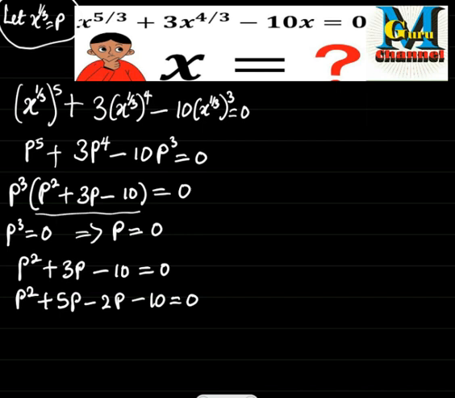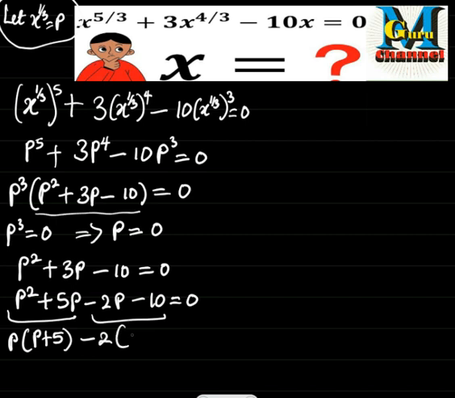If you do not understand this method, please, we have a video on this as well: the factorization method of resolving quadratic equations. You can find that on our page here as well. So let's group this. We're going to take p out, and we'll be left with p plus 5, minus 2.